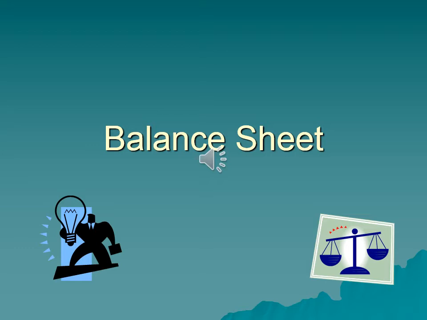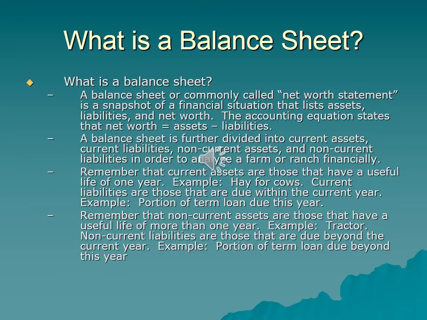Now, the following lecture or lesson, concerned with Master 2 BME, Banking and Monetary Economy, is the balance sheet. What is meant by balance sheet? A balance sheet, or commonly called net worth statement, is a snapshot of a financial situation that lists assets, liabilities, and net worth.